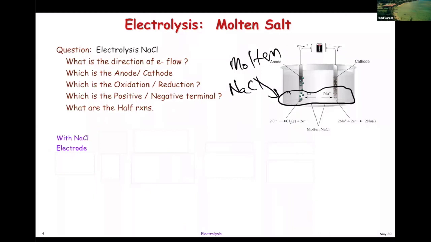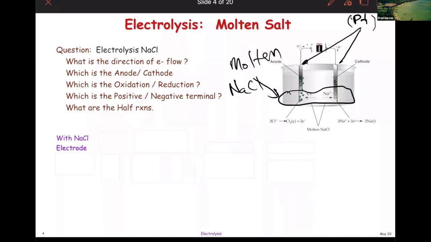The electrodes could be like a carbon graphite or platinum wire, something that's not going to undergo electrolysis, because we can't actually have sodium metal as an electrode, and certainly we can't have chlorine as an electrode. So maybe the electrode could be like a carbon graphite. In this particular case, I put a platinum inert. So these are the key ingredients in this electrolysis cell.